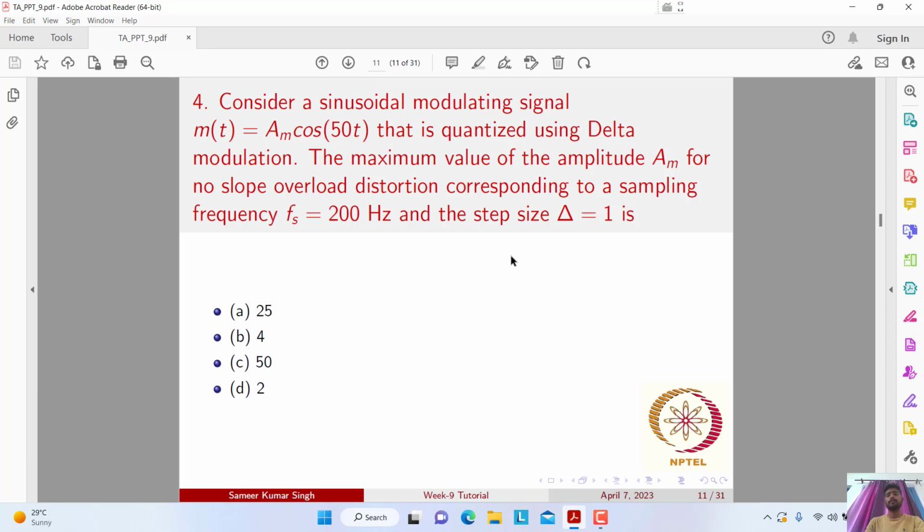Try to find the maximum value of Am. We have the step size and sampling frequency given.